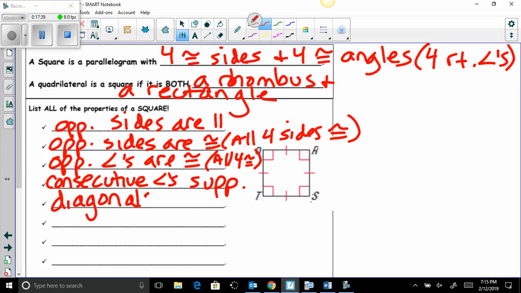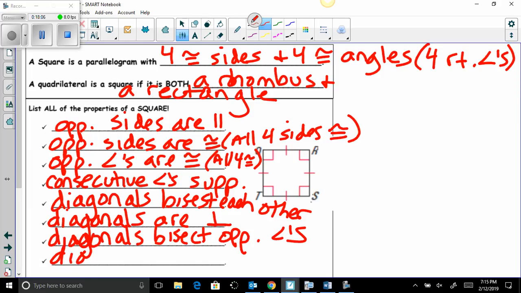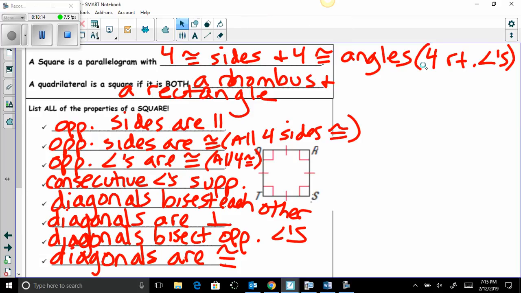Diagonals bisect each other. Diagonals are perpendicular. Remember, if diagonals are perpendicular, the slopes of those lines will be opposite reciprocals. Diagonals bisect opposite angles. And diagonals are congruent.